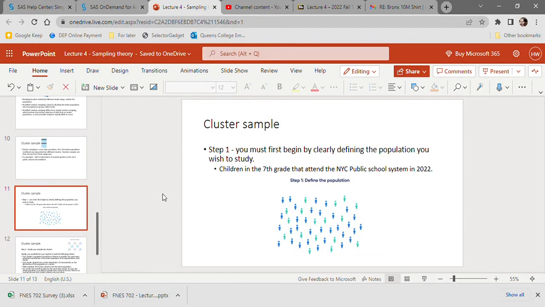If you take a look at this visual right here, you see this is our universe of 7th graders, right? And it's not all 7th graders. There are no private school 7th graders here. There are no 7th graders from Long Island or Westchester here. Only New York City 7th graders, okay? And in the school year 2022.